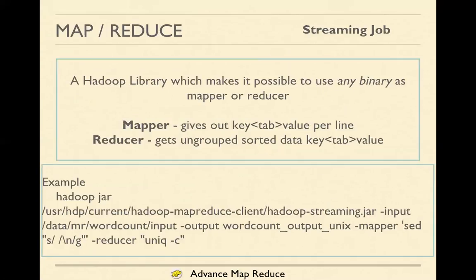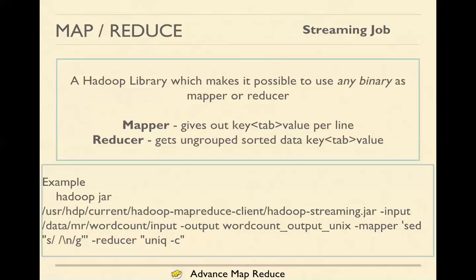All right, now let's take a look at what's going on. Here is a command: hadoop jar, then the streaming library. Somebody wrote the Java MapReduce for you. It's a wrapper which executes any command as a mapper and any command as a reducer, and takes all the arguments, like how many reducers, how many mappers, whether you have a partitioner or not, all in the arguments to this command.